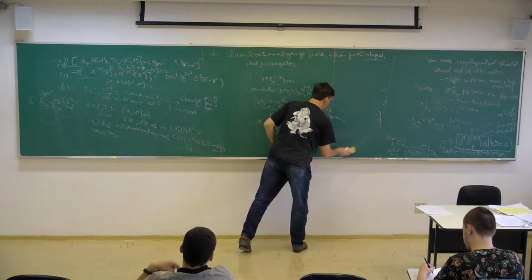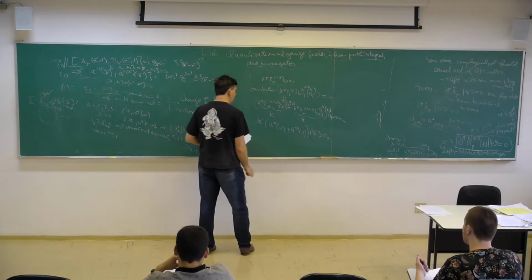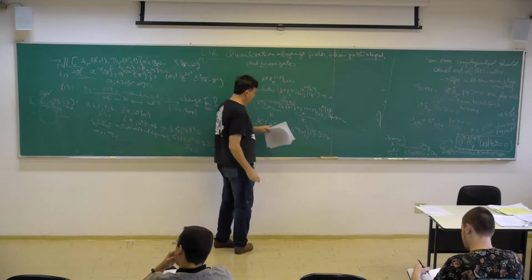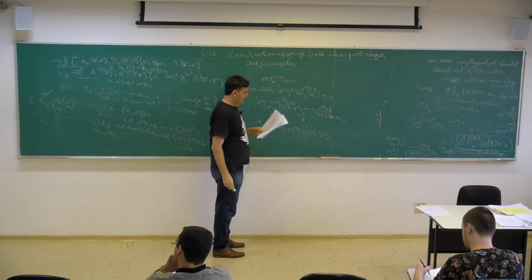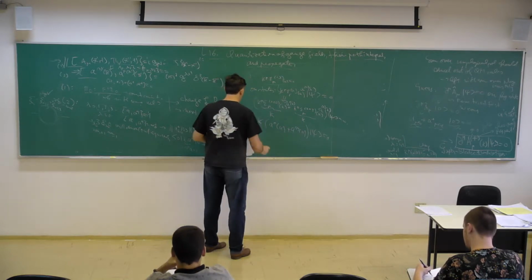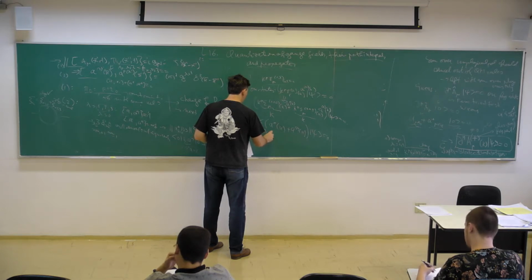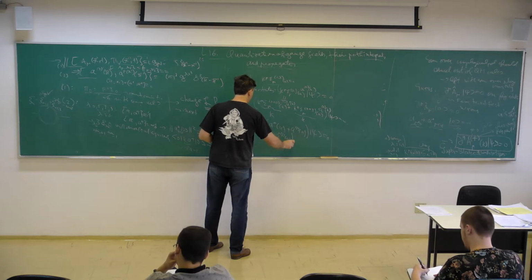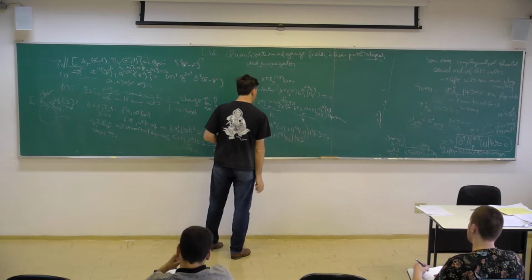So to see how this works, I can consider a state psi that's a linear combination of A dagger 0 and A dagger 3. So A dagger 0, let's say, plus A dagger 3 on the vacuum.